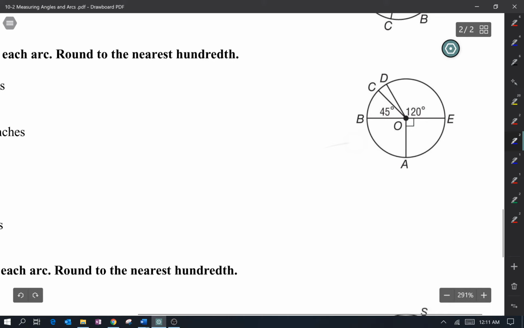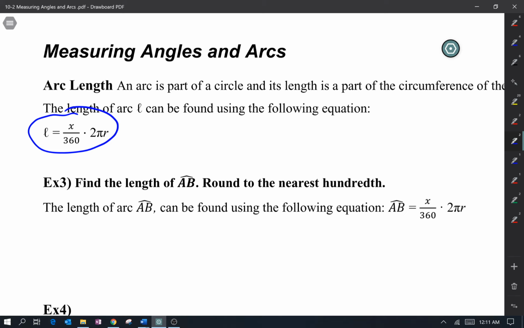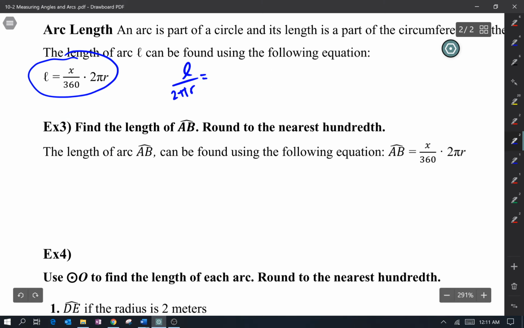The length of the arc is x over 360 times 2 pi r. I kind of like to do it this way. I like to say the length of the arc over the circumference is proportional to the angle to 360. Okay? That's the one I like to use, and I'll show you here in a minute.